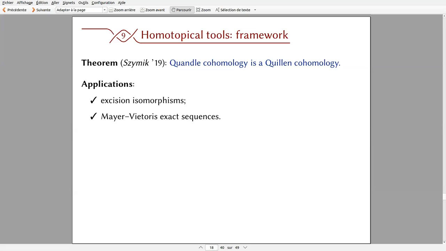So this idea to use the homotopical tools to compute these rack and quandle homologies goes back to my co-author, Markus, who wrote a paper entitled "Quandle Homology is a Quillen Cohomology," which is actually the essence of this paper. So it interprets quandle cohomology as a particular case of Quillen cohomology.